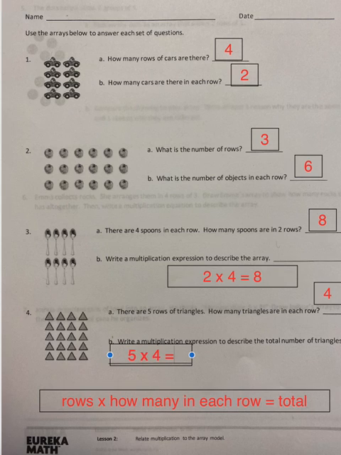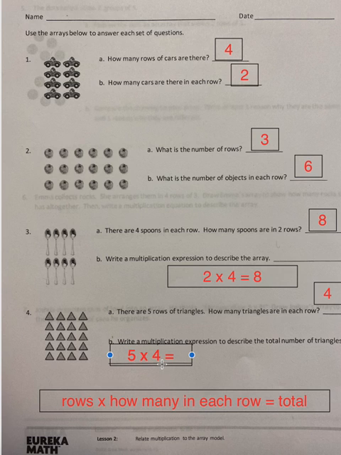So now we need to figure out how it equals. We can do this by skip counting by 5s to our 4th finger. So I'm going to hold up 4 fingers and I'm going to skip count. And as I skip count, I'm just going to tap each finger. So I'm starting at 5, 10, 15, 20, which gives us a total of 20 triangles in all.